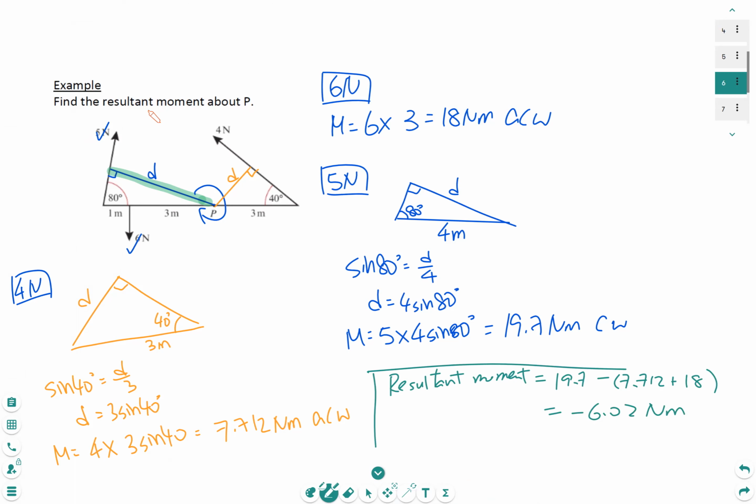Now, what does negative mean? Negative means anti-clockwise because it started with clockwise. That means anti-clockwise is bigger. So ultimately it's 6.02 Newton meters anti-clockwise. You cannot leave it negative. You must put a direction in there. You can put negative 6.02 clockwise, but a better answer will be 6.02 anti-clockwise, if that makes sense.